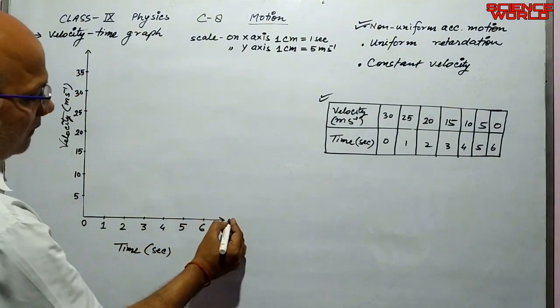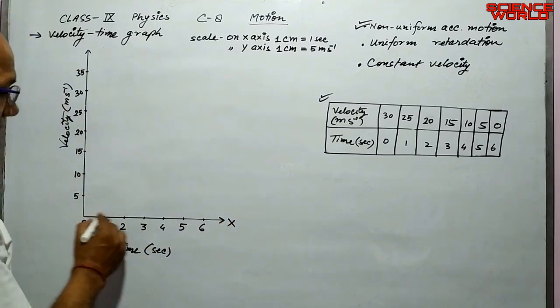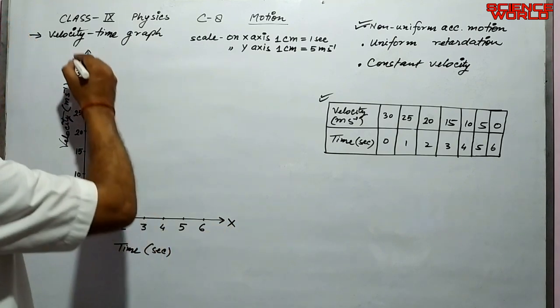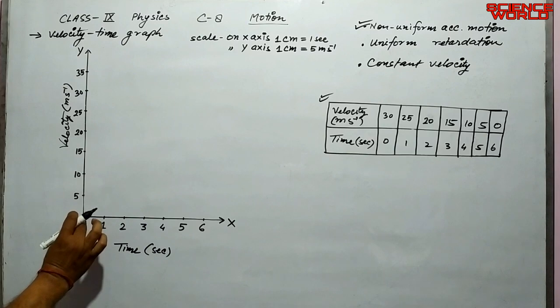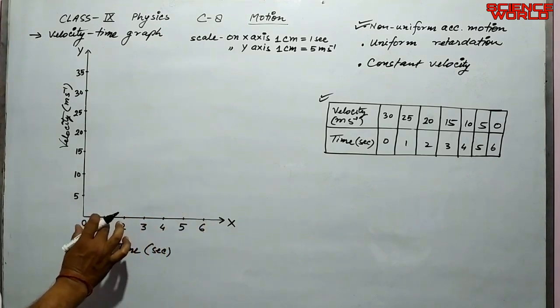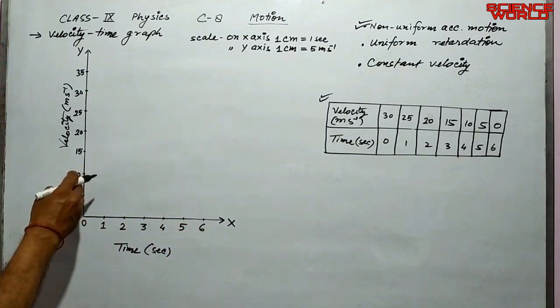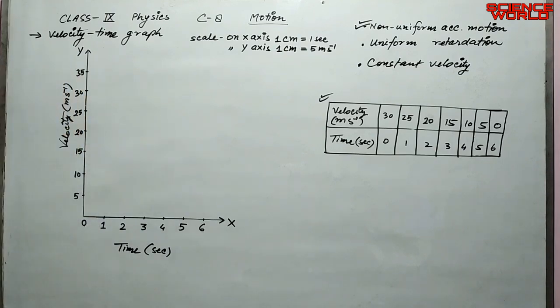Before we plot velocity time graph, on x axis we take time in second, and on y axis we will take velocity in meter per second. You can see 0, 1, 2, 3, 4, 5, 6. It is representing time in second, and 5, 10, 15, 20, 25, 30, 35 and so on. It represents velocity in meter per second.